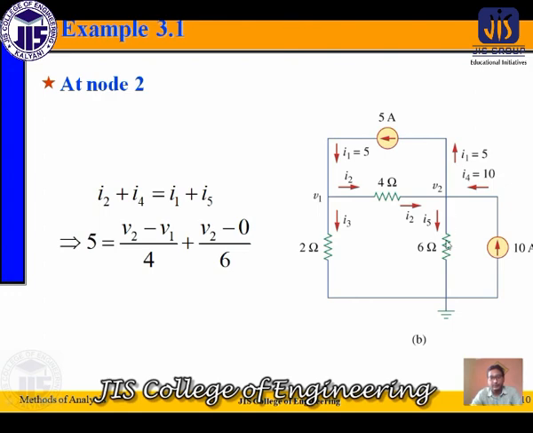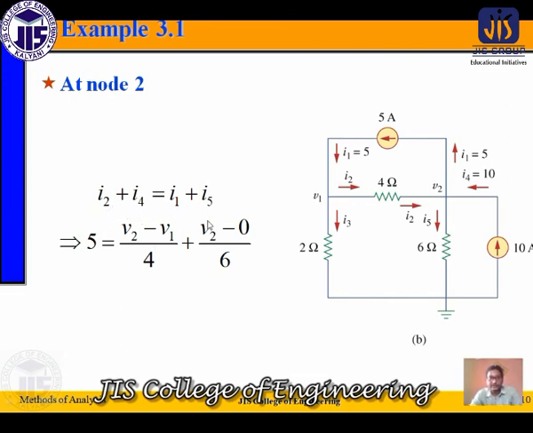I5 is equal to V2 minus 0 by 6, and I2 is V1 minus V2 by 4. So we have put in I2. Here it's written V2 minus V1 by 4. It's because we have changed the equation from the left side to the right side.